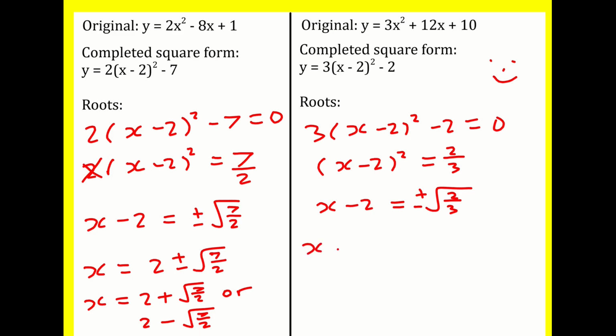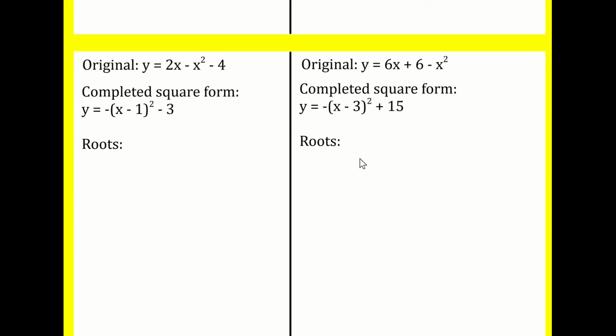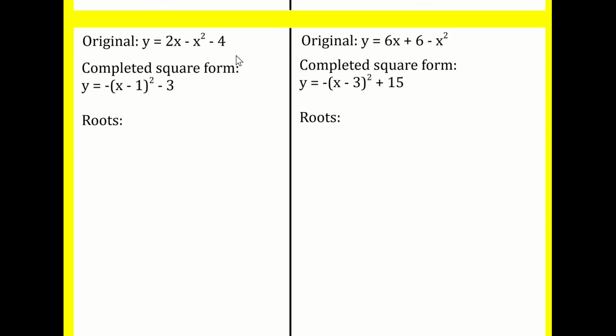So x equals 2 plus the square root of 2/3, or 2 minus the square root of 2/3. Really quick, really great method, as you can see. Obviously, we started from completed square form, so that's why it's a bit quicker than it would have been otherwise. And I'd like you to try these with negatives in as well.